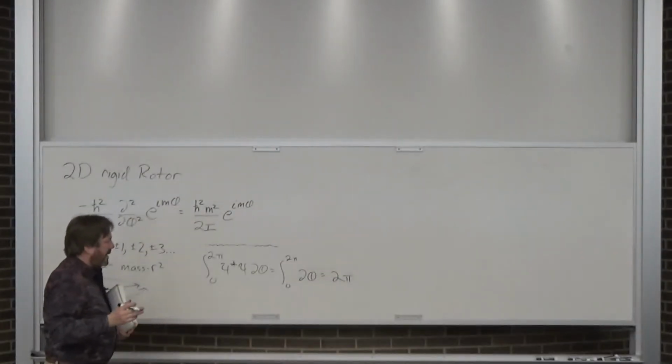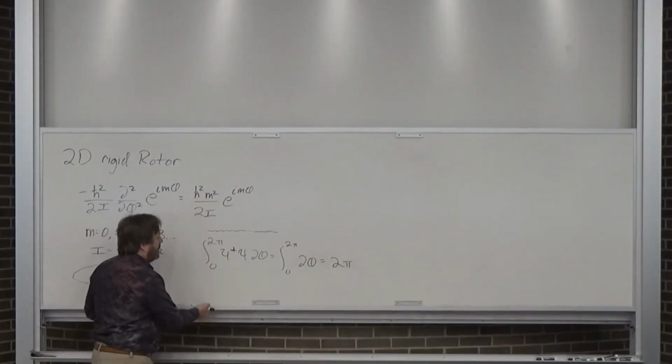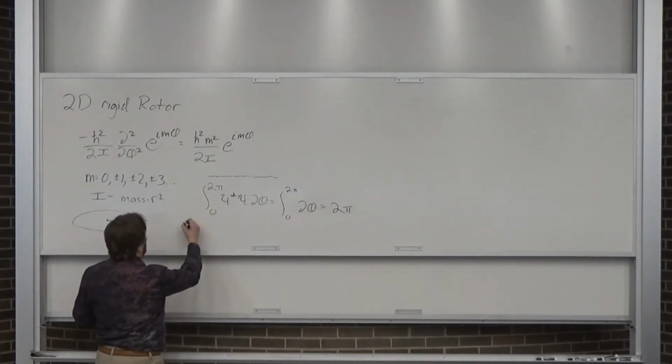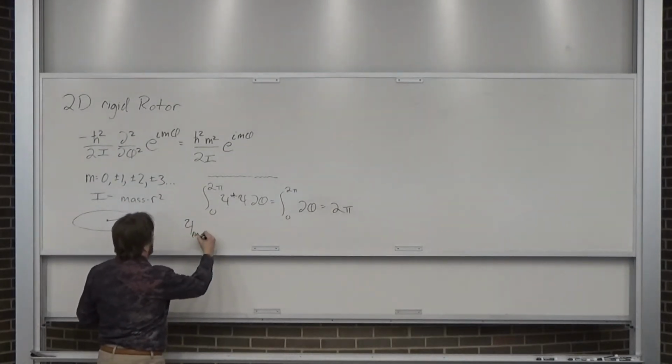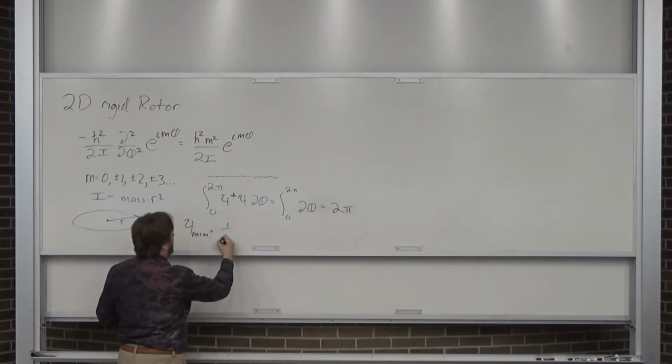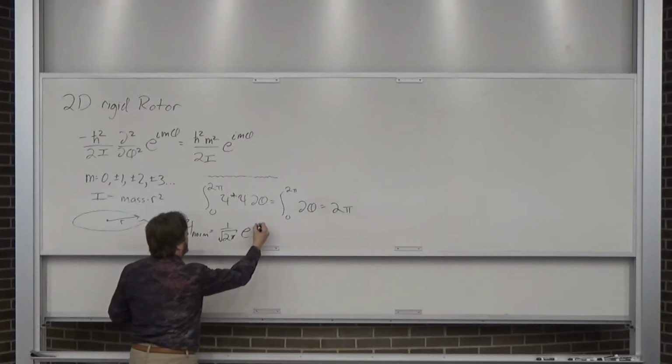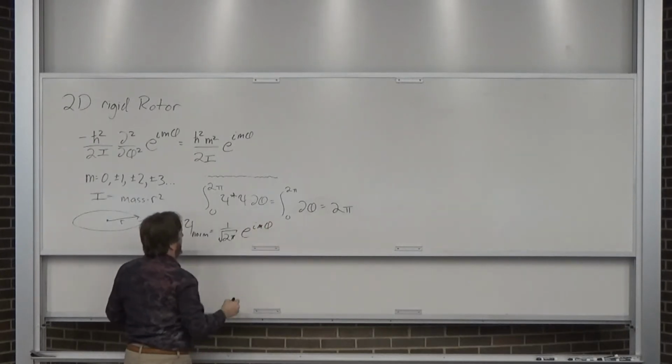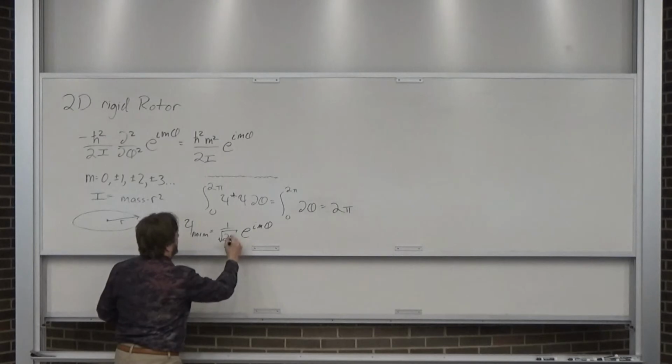Now on the exam, a lot of you stopped there, and you shouldn't have. The normalized wave function is not 2 pi times e to the i m phi. It's 1 over the square root of 2 pi, times e to the i m phi. There we go. That looks better.